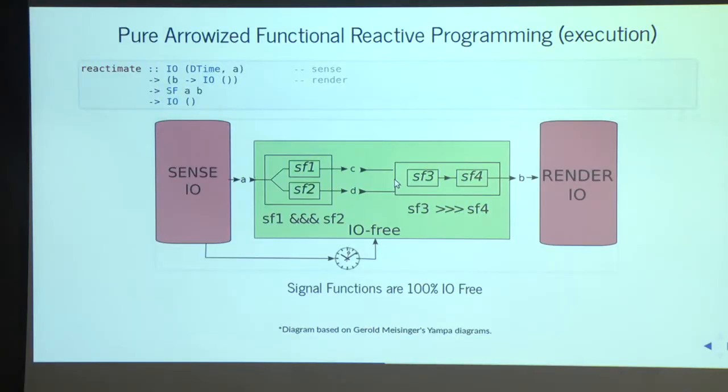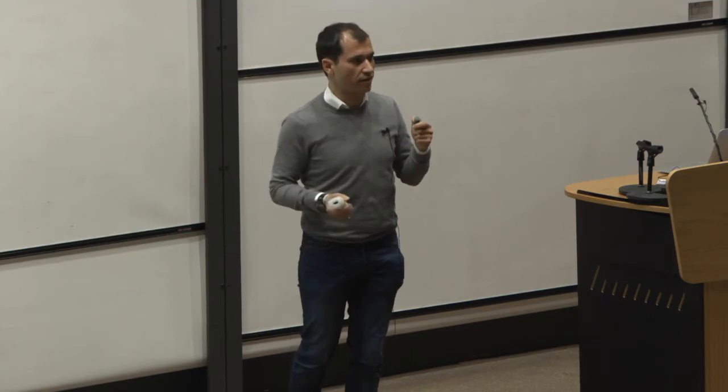This is how you run it. So how you run it is you have a computation that gives you input samples and times, and it always progresses towards the future, and a computation that consumes the outputs, and then you run your signal function. But the signal function is pure. There's no tricks in the implementation. There's no IORefs, nothing special. It's absolutely pure.